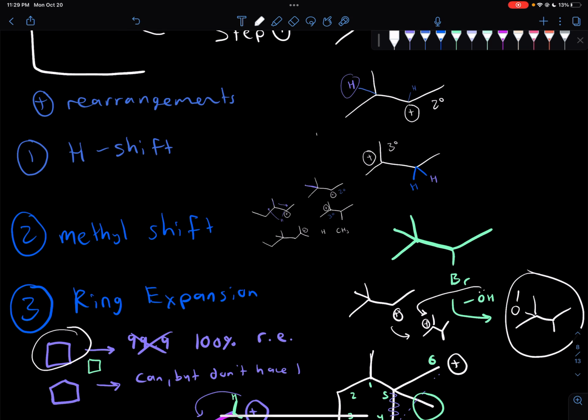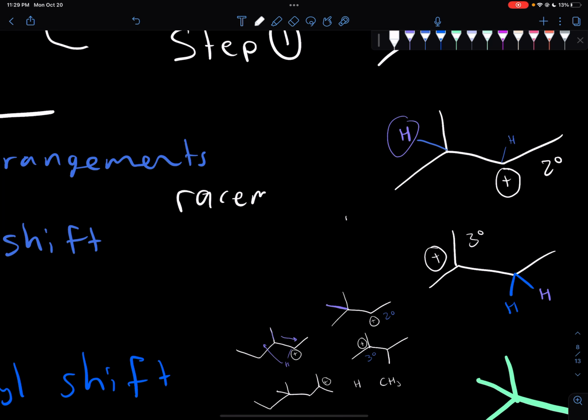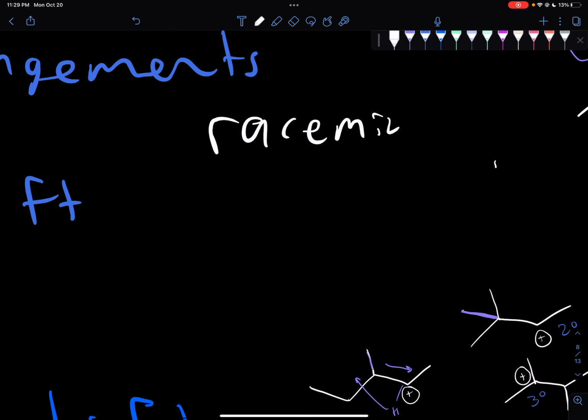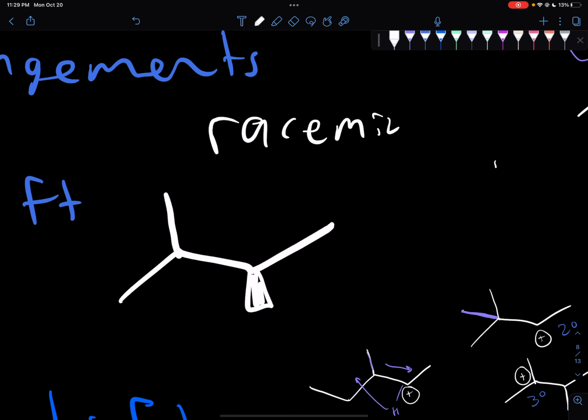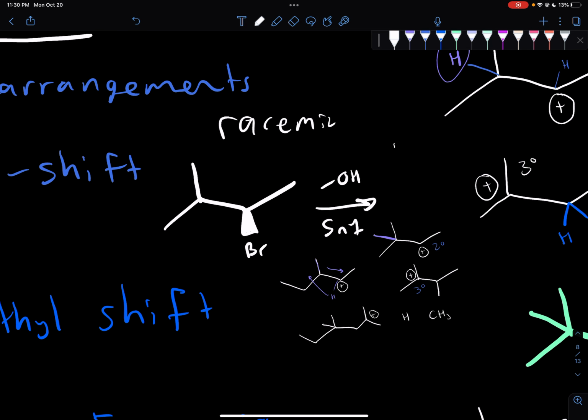One more thing that we talked about before, like the racemic mixtures. Racemic, what this means is, let's say they give you this. And then bromine, and let's just say it is an SN1 reaction and they do methanol. You're going to get a mixture of both.